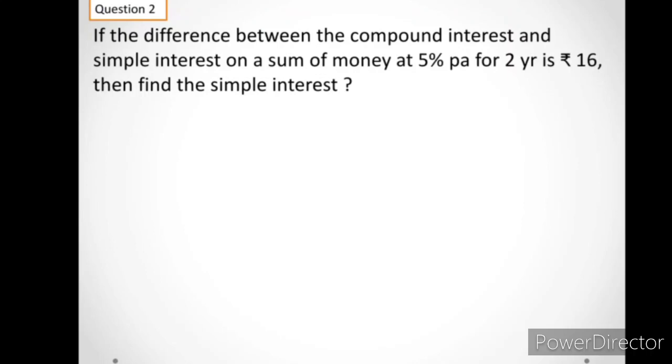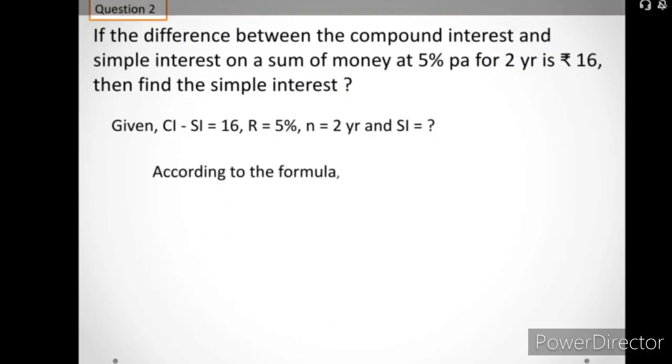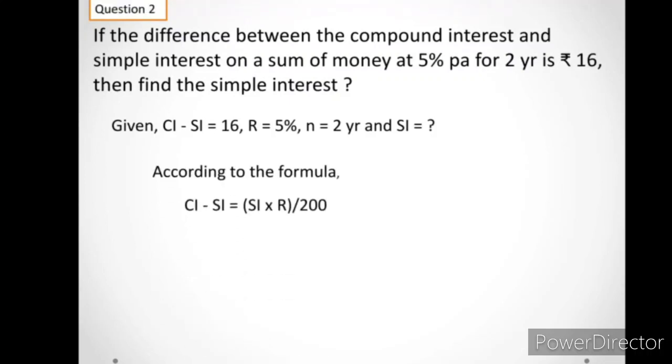Okay, let's go to question number 2. If the difference between the compound interest and simple interest on a sum of money at 5% per annum for 2 years is 16 rupees, then find the simple interest. We need to calculate the simple interest here. So we know from the question that the difference between compound interest and simple interest is 16, rate of interest is 5% and number of years is 2. According to the formula, compound interest minus simple interest equals simple interest into rate of interest by 200.